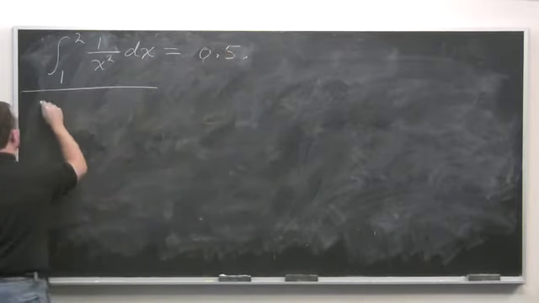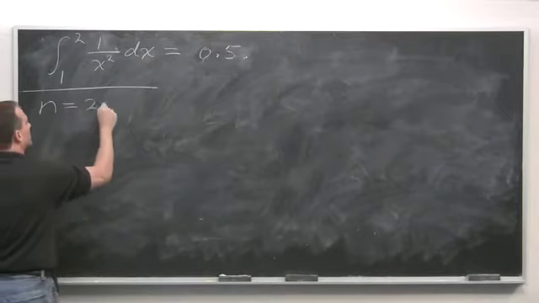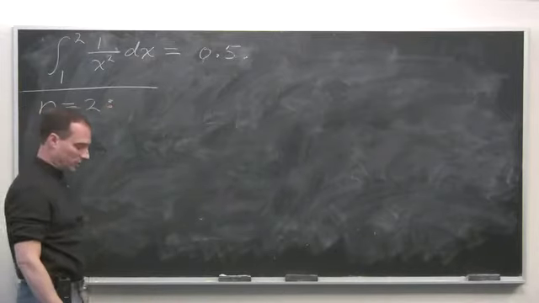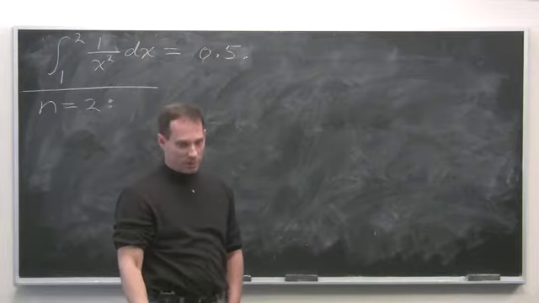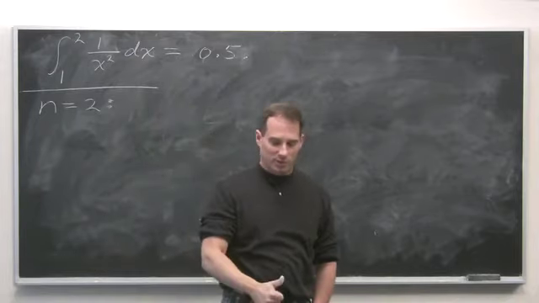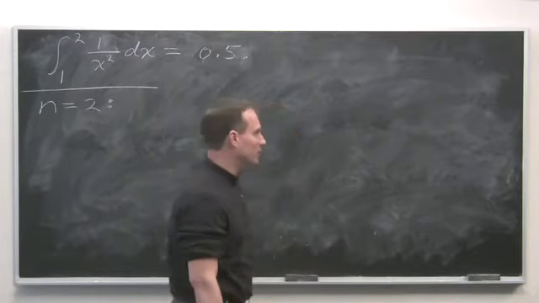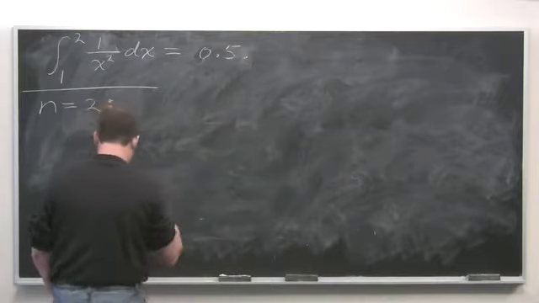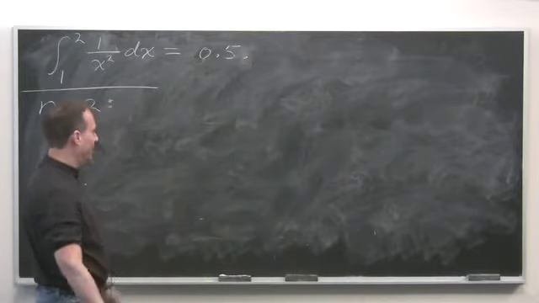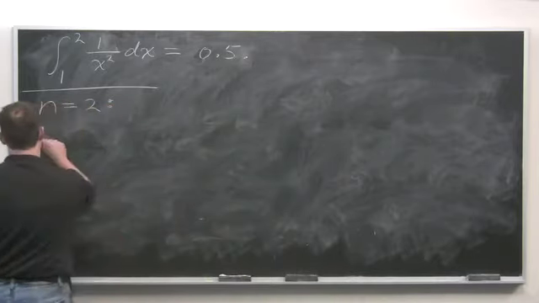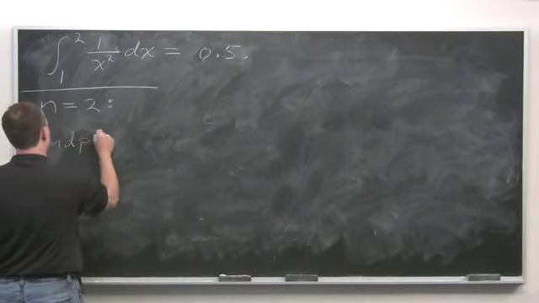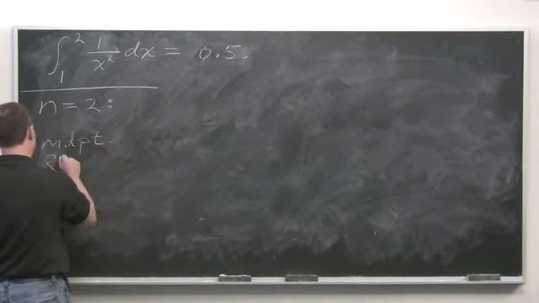Let's approximate this all three ways with just two subintervals. We need an even number if we're going to use Simpson's rule, so I'm going to do this first with n equals 2 and then with n equals 4. n equals 8, the calculation gets even worse. So the midpoint Riemann sum.